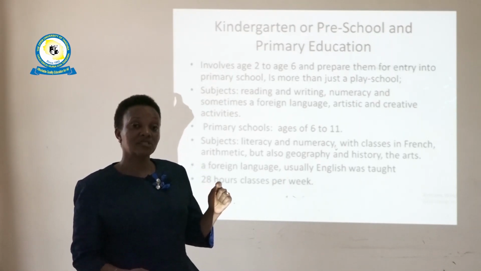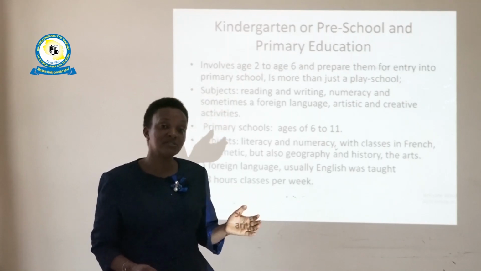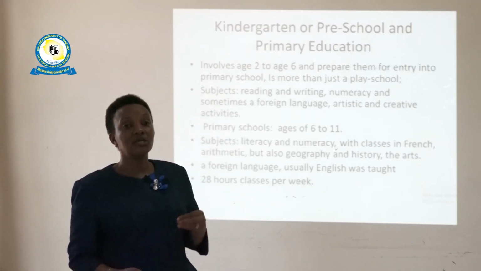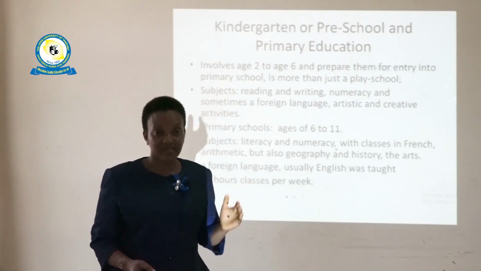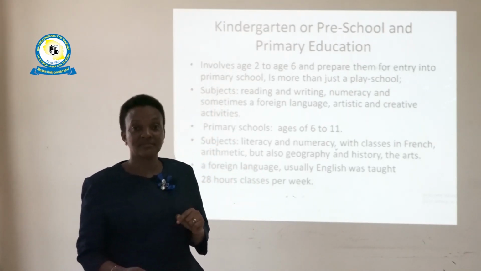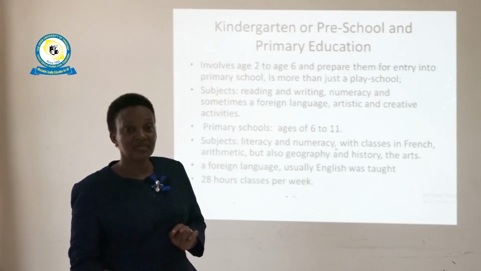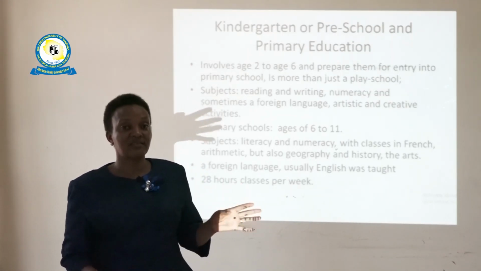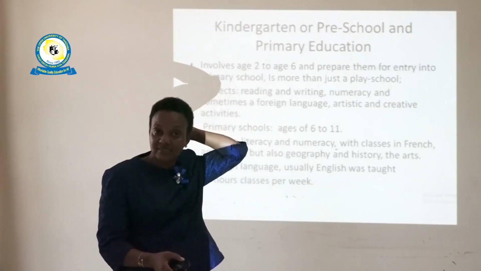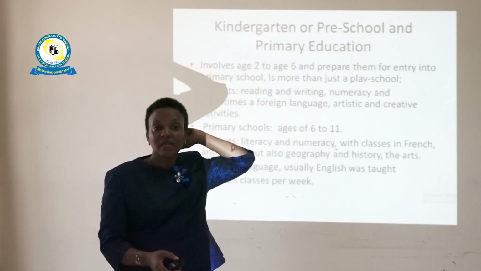So in primary education in France, we expect a child to be able to read, write, and count, with classes in French, and geography, history, and arts. We can say the social sciences subjects.